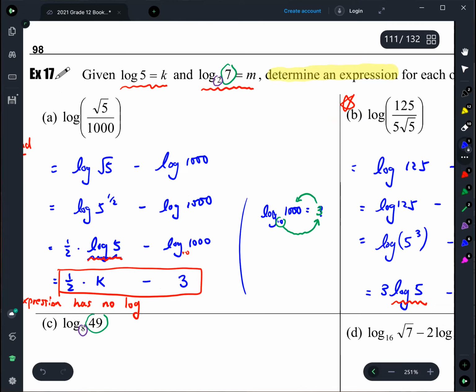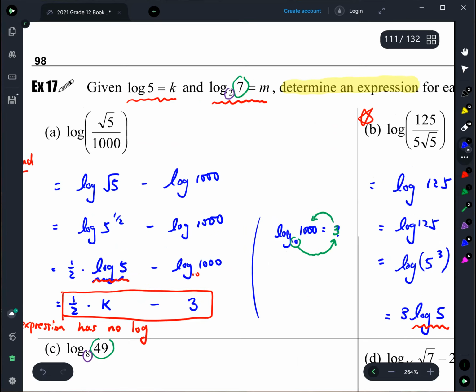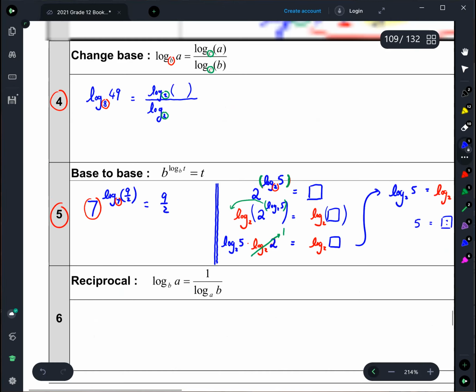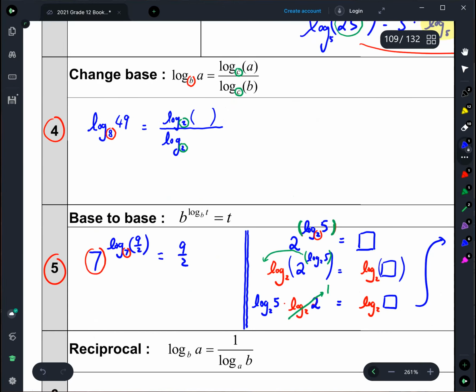Because 2 to the 3 will be 8. That's why we choose base 2. Okay, we won't choose 5 because it's 10, right? 10 doesn't connect with the 8 more than the 2. Okay, so what number can go up there in the numerator?